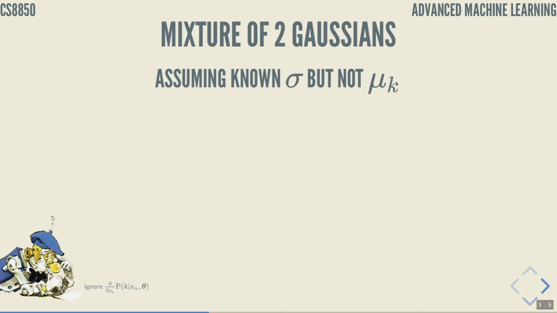Just a reminder, we know the sigmas, but we don't know the mu's, and we now need to estimate the mu's. We know how to estimate the class posteriors. For every data point, we can compute the class given the mu's and the sigmas, right? That's what that slide meant.